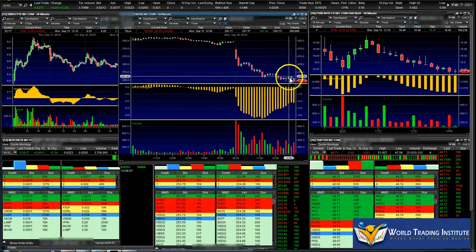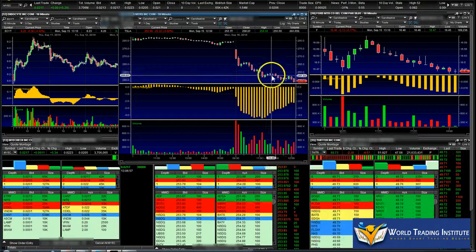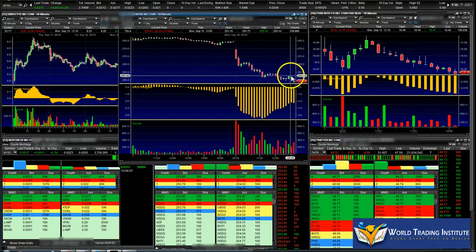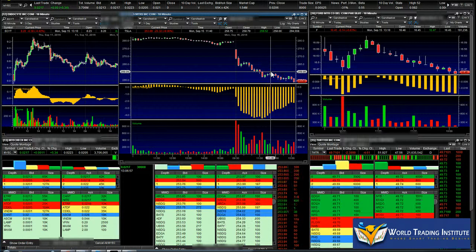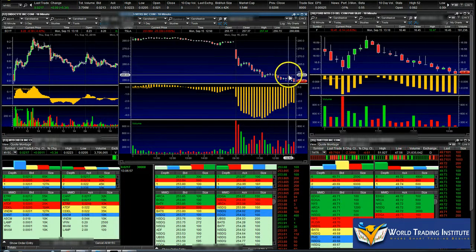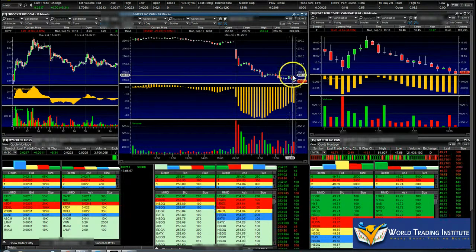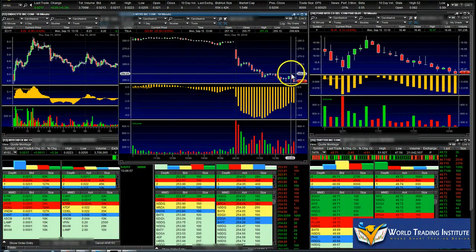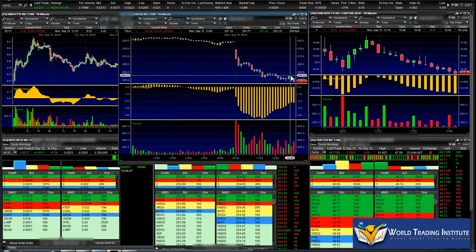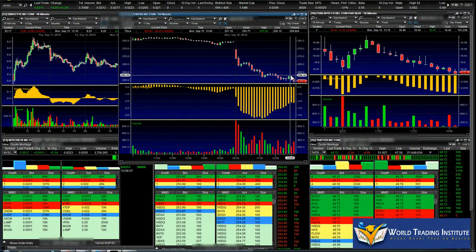Our stop order would be above this green bar right here. Oh, sorry. Well, you know what? Yeah, we could do above this green bar. I usually take the second resistance, which would be right here, around 260. But you know what? Let's lock in some profits because this has been bouncing down real hard. Wouldn't be surprised if it makes, I would say, a 10-point up move on a bounce before it continues going down.